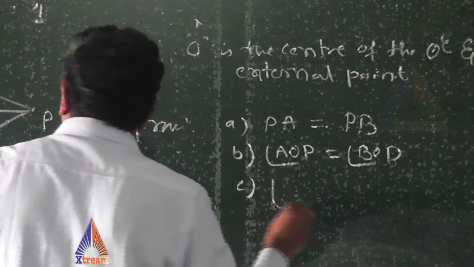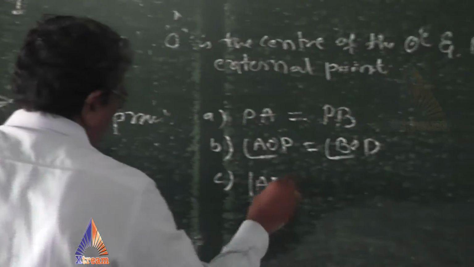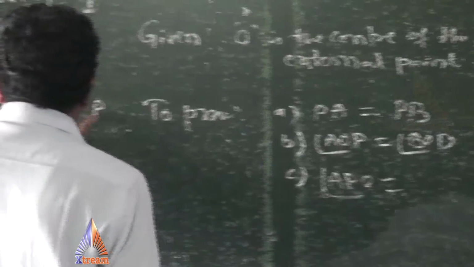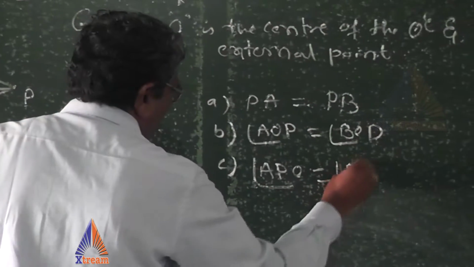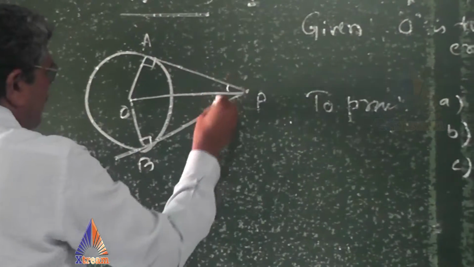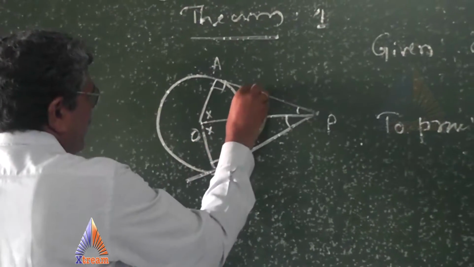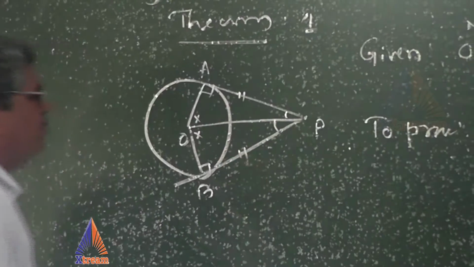And third, angle APO is equal to angle BPO. Now this angle is equal to this angle, these two angles, so AP is equal to BP.